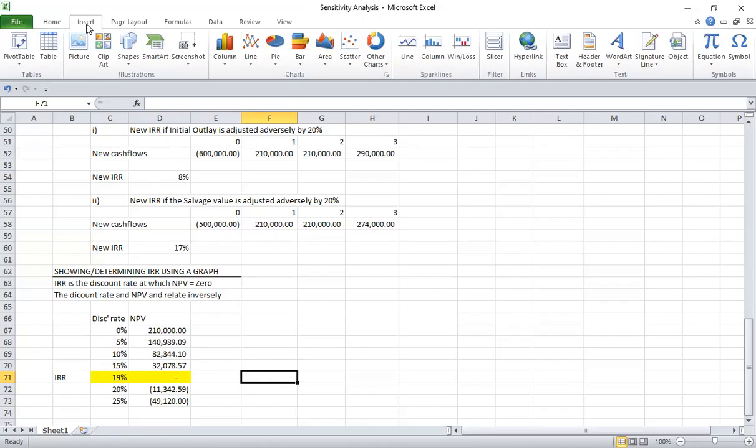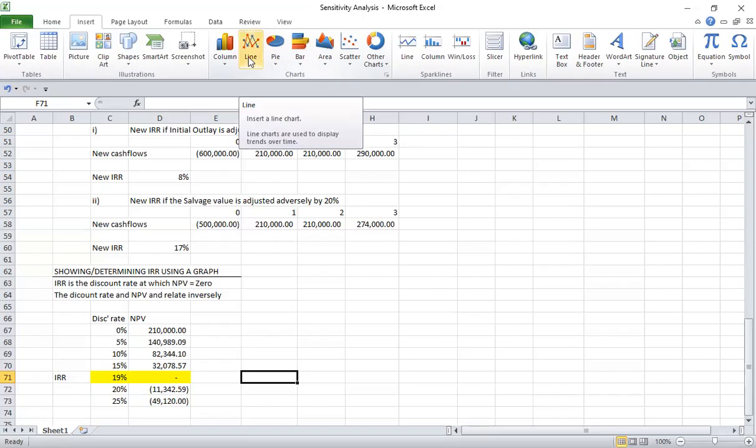When you click the option insert, you are brought to a lot of options. One of the options is these charts. You can see the charts there. In this case, we shall do a line chart.